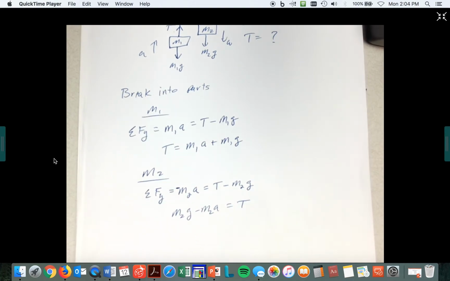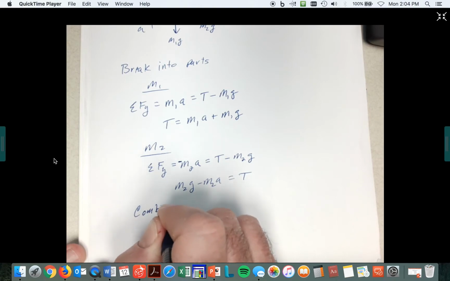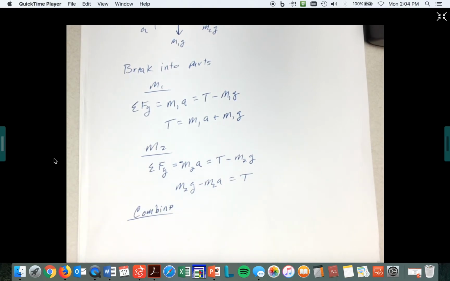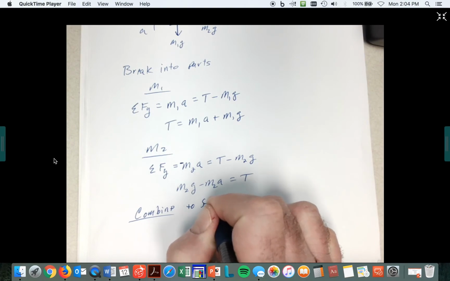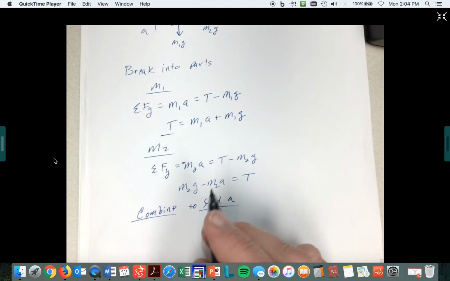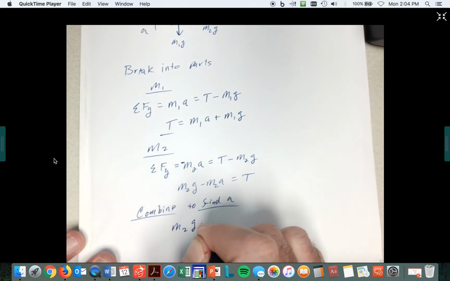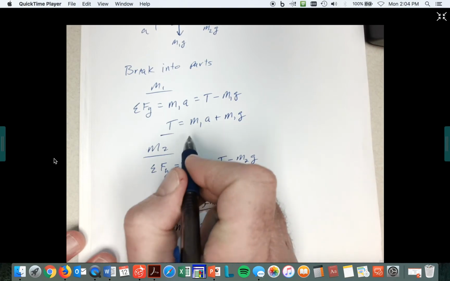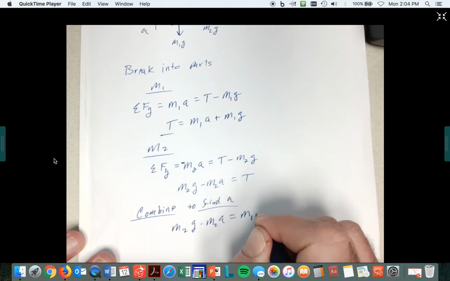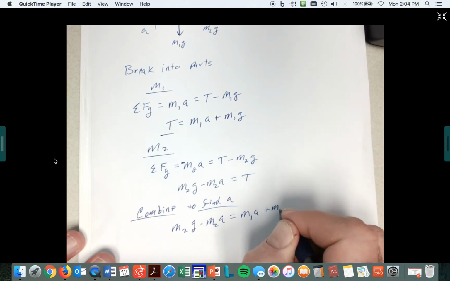Now let's combine what we know to find the acceleration. So T equals m2g minus m2a, but up here I said that T was equal to m1a plus m1g.